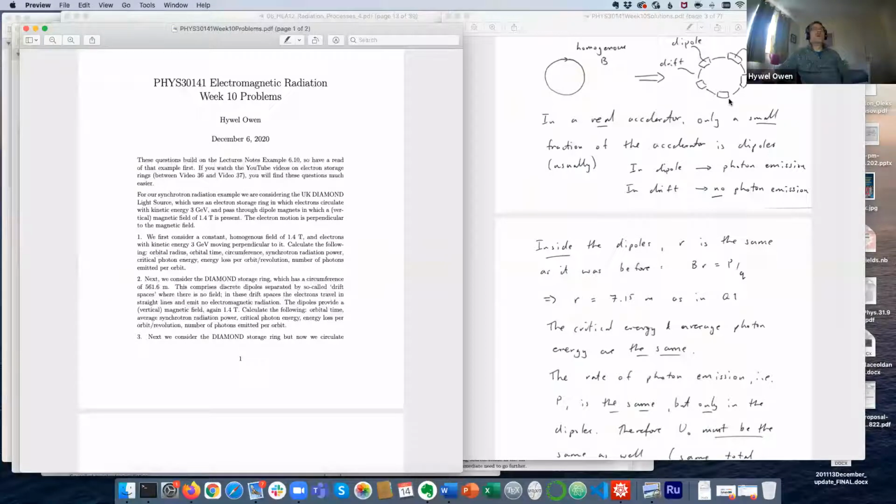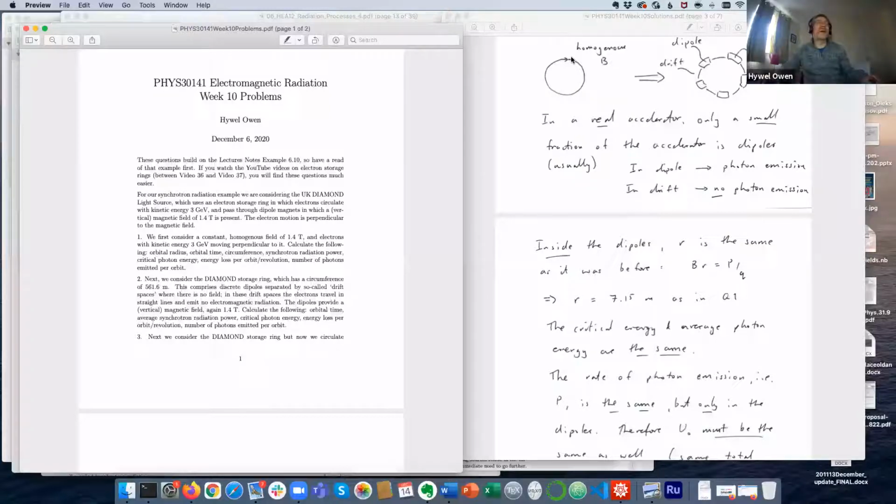Whilst the rate of photon emission in the dipoles is the same, the average over all the time the electron is going around in orbit must be lower, because sometimes the electrons are not emitting photons. But if we think about the amount of time that the electrons are spending in the dipoles per orbit, that amount of time is exactly the same as the amount of time the electrons must be seeing a magnetic field during one orbit in the homogeneous case.